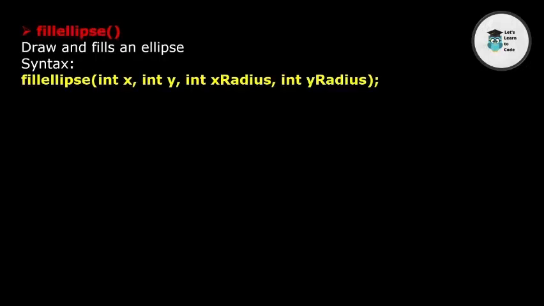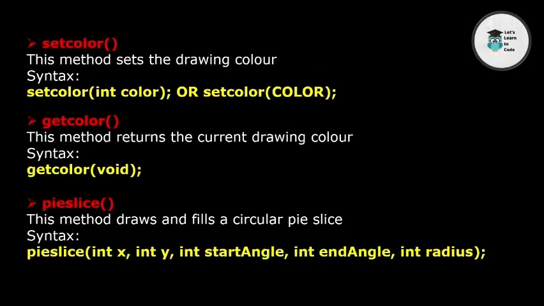The fillellipse method draws and fills an ellipse. In the pieslice method, if you try to draw a circle by writing pieslice 200, 200, 0, 360, and a radius of 10, it will draw a circle, but with a slight gap between the 0 degree and 360 degree.